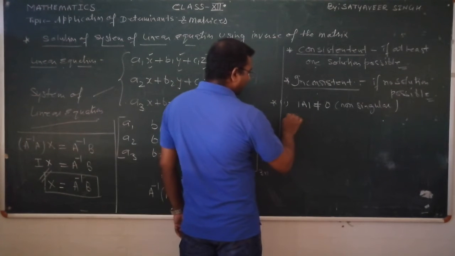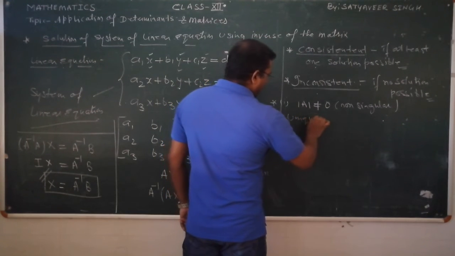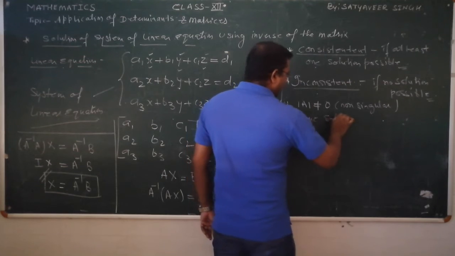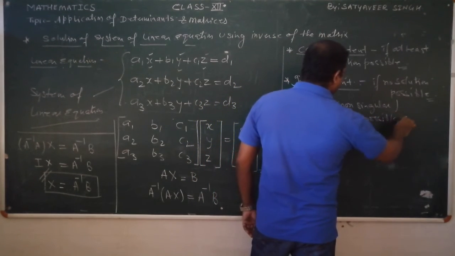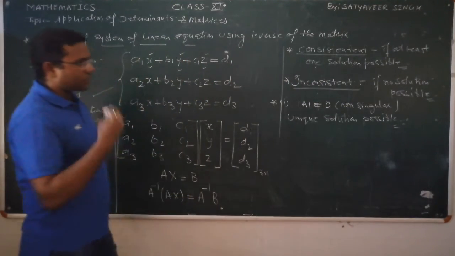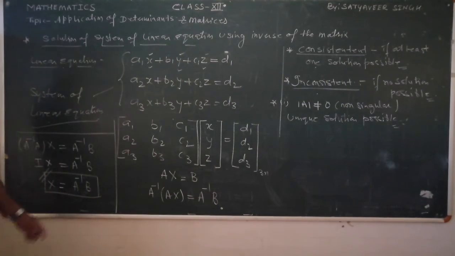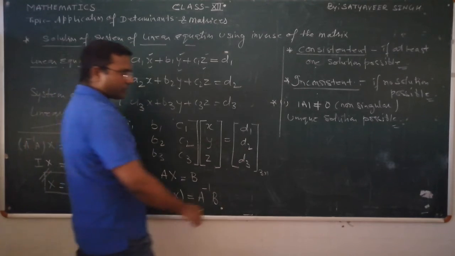Then you can say unique solution possible. If it comes not equal to 0, you will start solving the system of linear equation, because unique solution is possible.